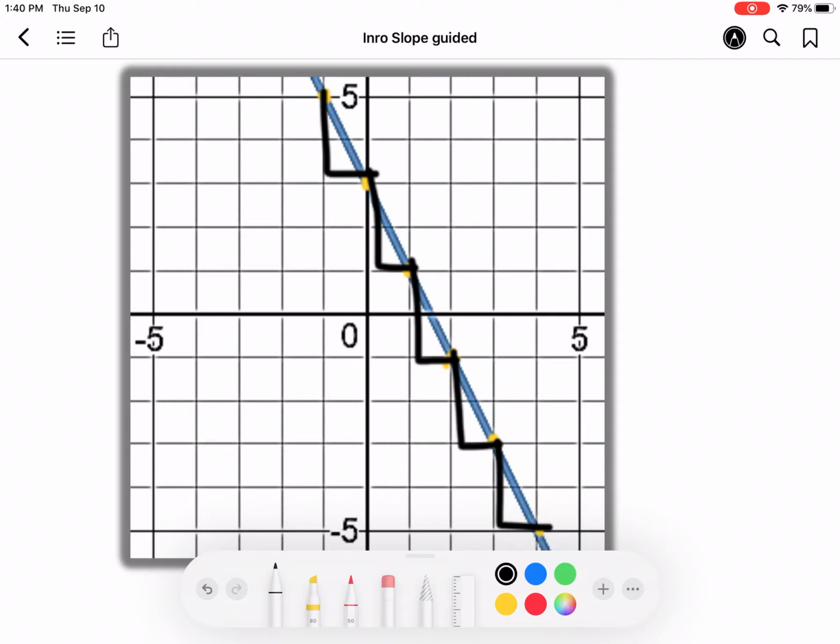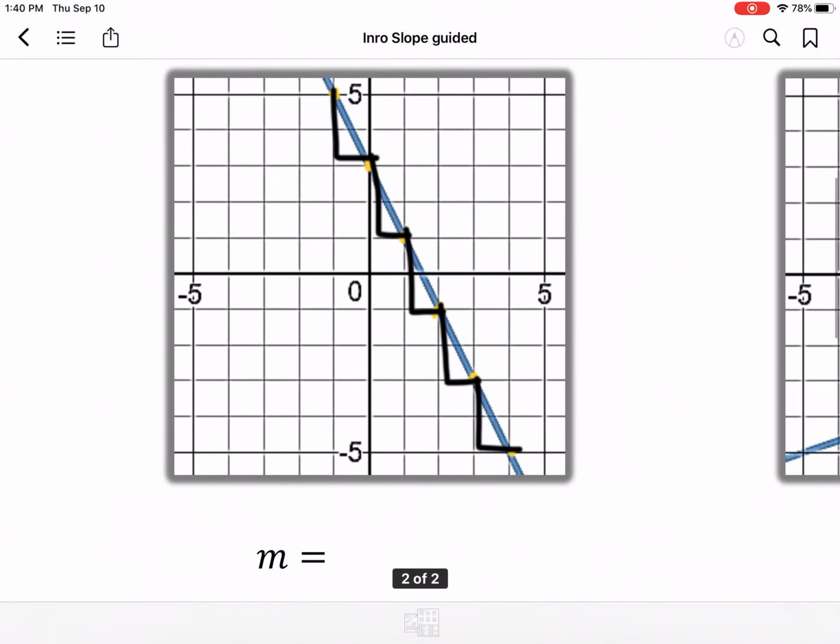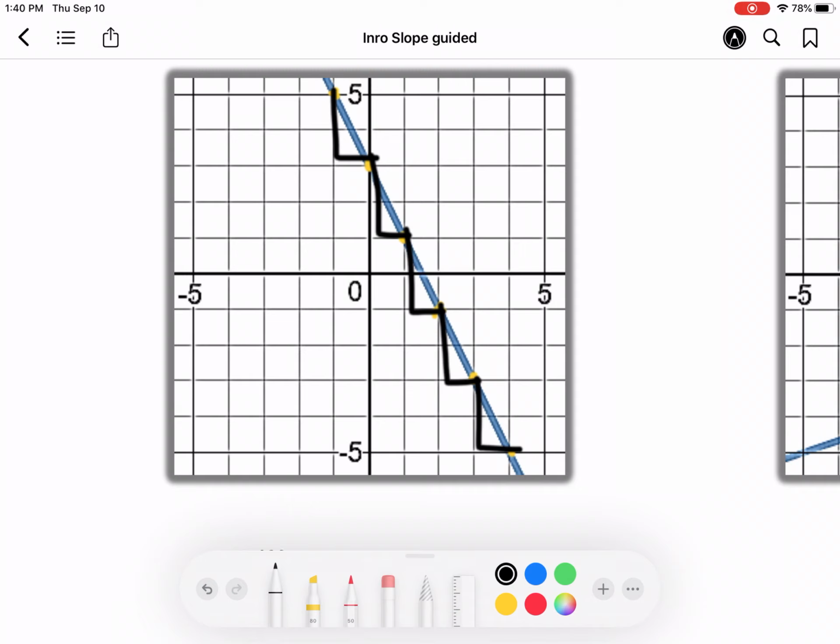Okay, now, looking from left to right, it's going down, so my slope here is going to be negative. Now I count. 1, 2, 1. So it's negative 2/1, or you could just write that as negative 2.